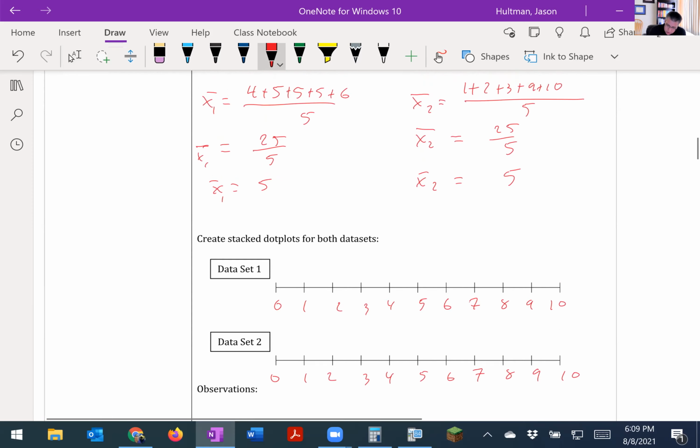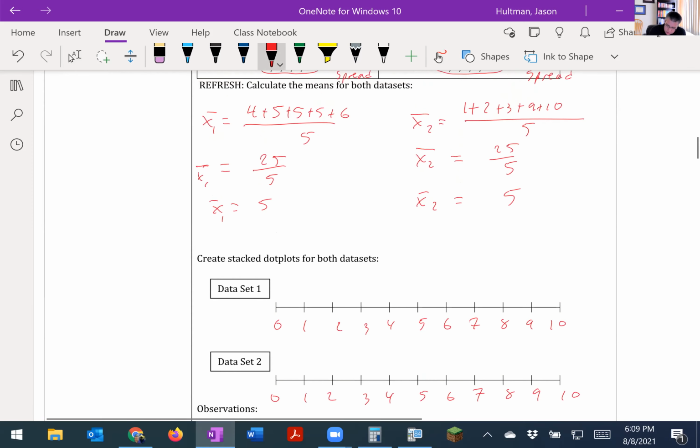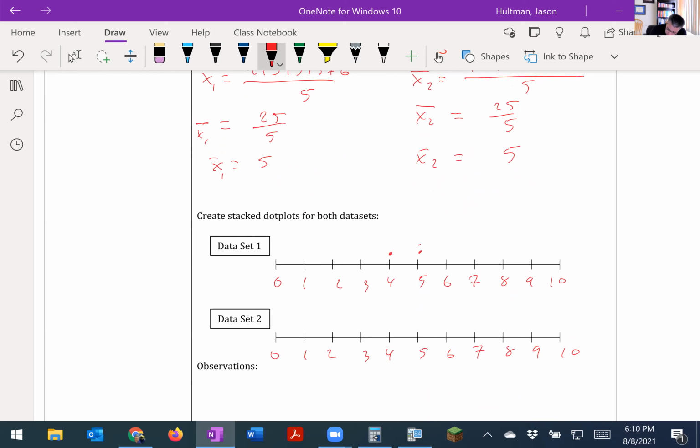Okay, if we look at our data, that's 4, 5, 5, 5, and 6. So let's do a dot plot. Okay, very symmetric, very balanced, and the mean ended up being at 5. That's the middle at 5.